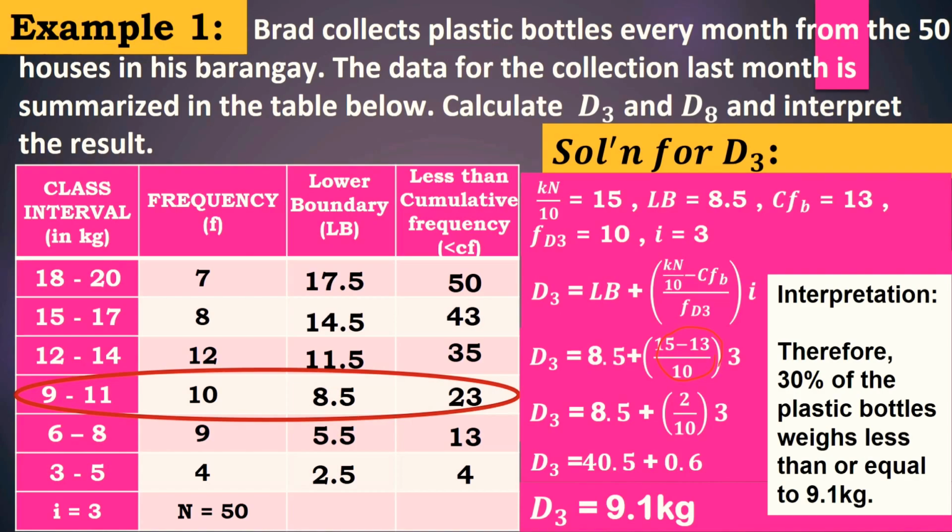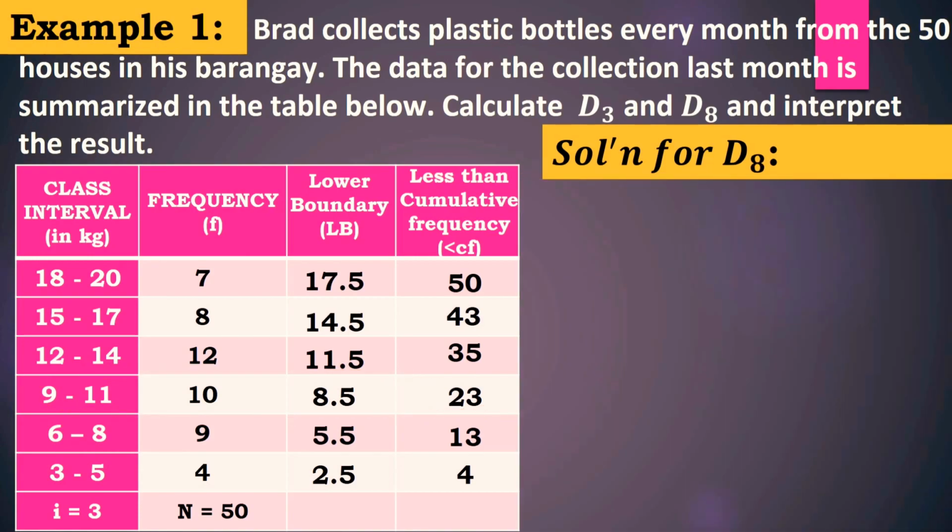to 9.1 kilogram. So for d sub 8, let's locate the d sub 8 class. That's by using the formula Kn over 10, where K is 8 and N is 50 over 10. 8 times 50 divided by 10 is 40.